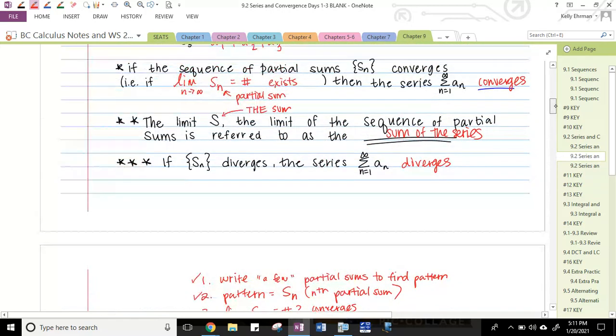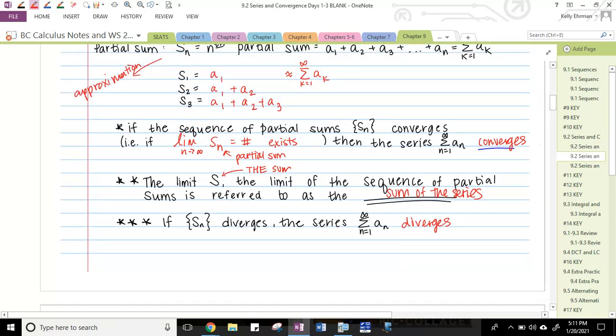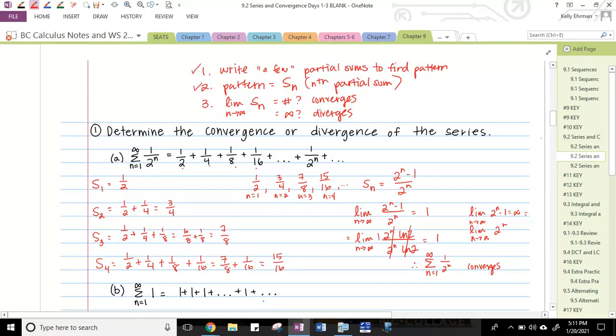Right? I don't want to say what this adds up to yet. I don't want to say that it converges to 1. I do think that that's true, but I don't want to get ahead of myself on the geometric series. So for now, we're just answering converges or diverges. It doesn't say if it converges, find the value.